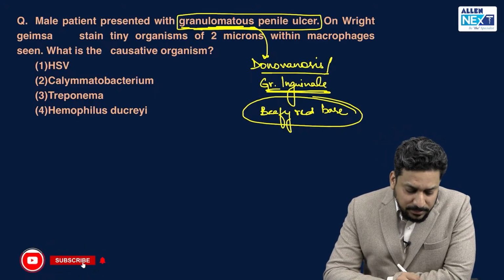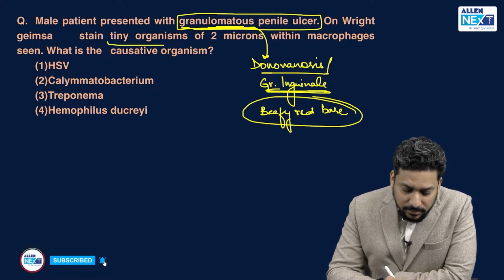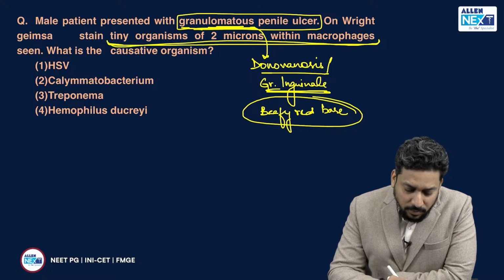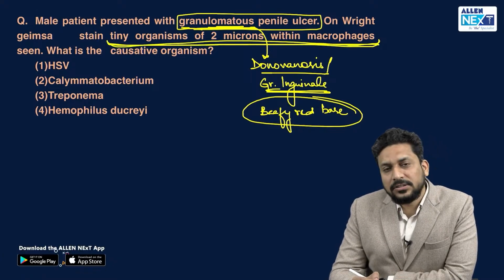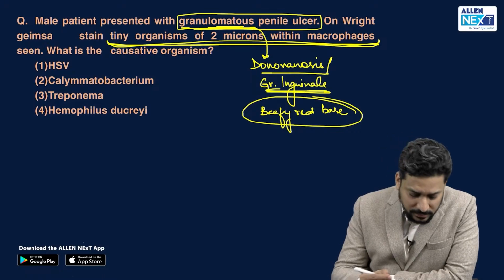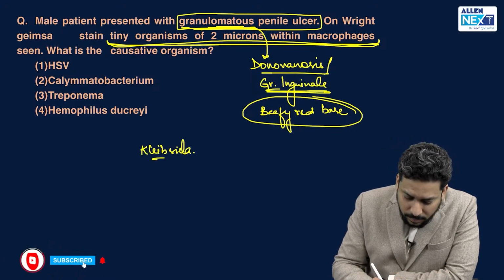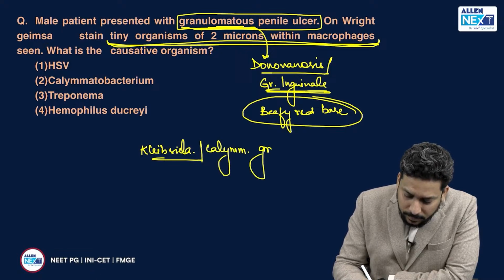Now on the right is Giemsa staining, tiny organisms of 2 micron within the macrophages are seen. What is this suggestive of? So all of you know what is the causative organism for donovanosis? Yes, Klebsiella, also known as Calymmatobacterium granulomatis.